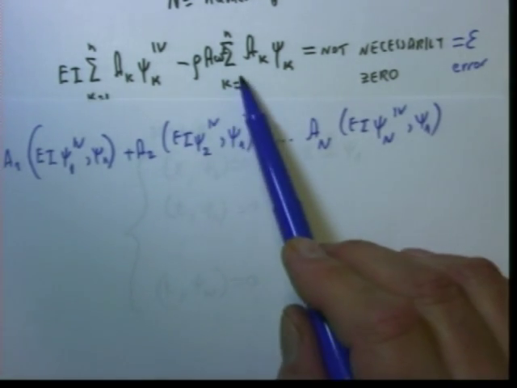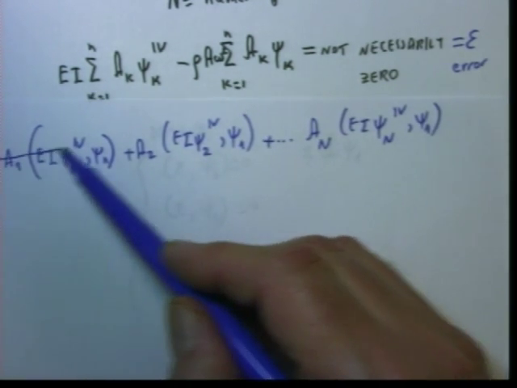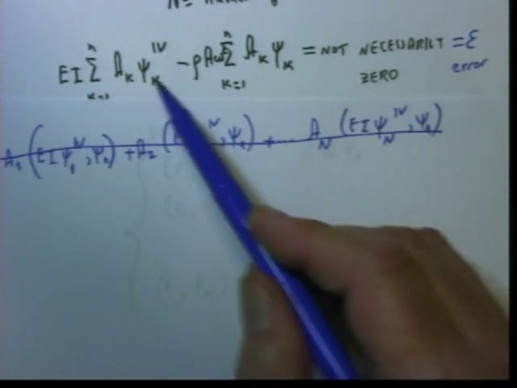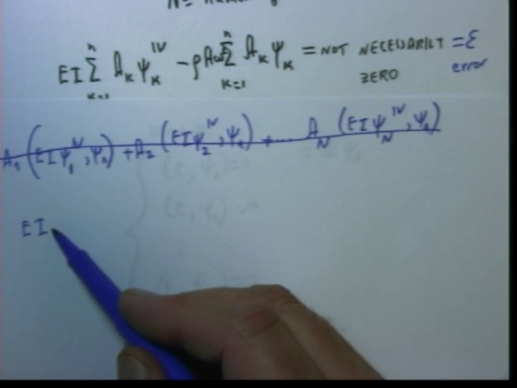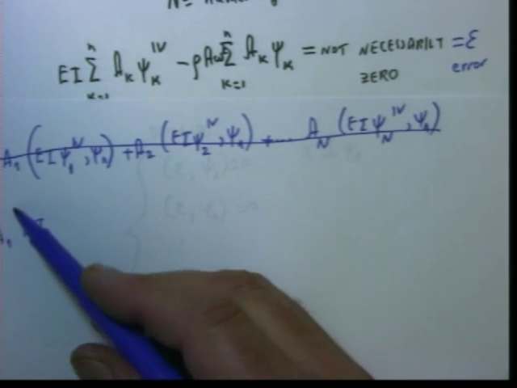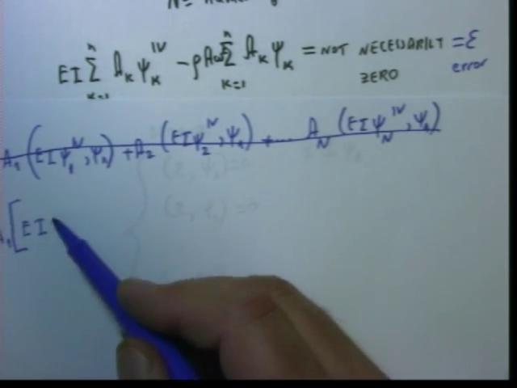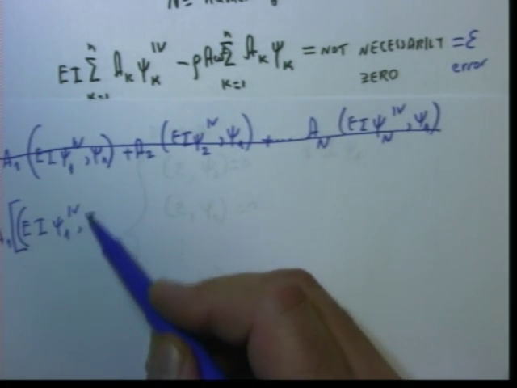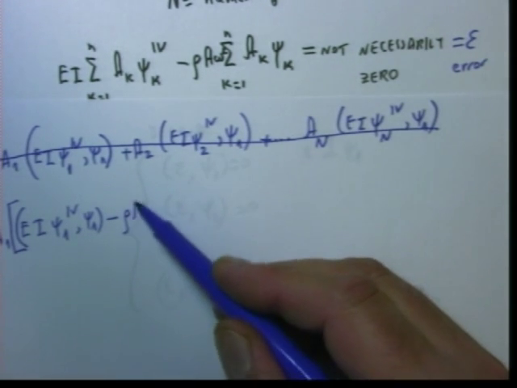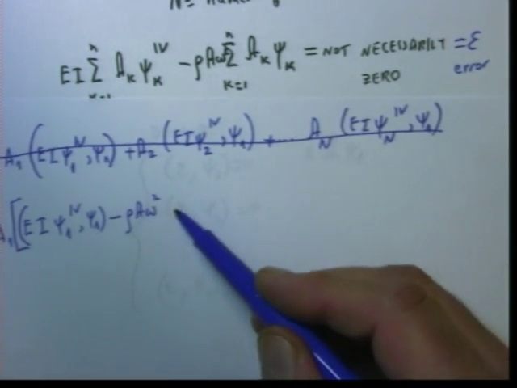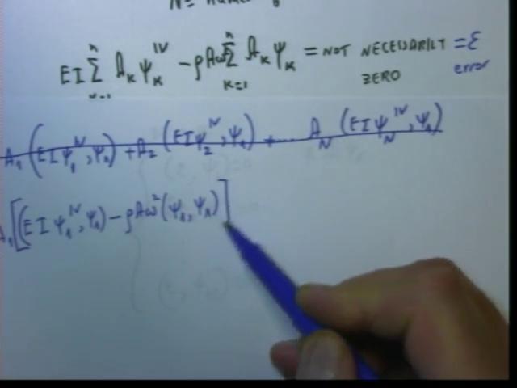But I did not take into account this term, so allow me to get rid of this, and I will rewrite this with this term also taken into account. Look, please. EI, so will be A1, I will take like this. And look, psi 1 fourth derivative psi 1, and I will take also this first term immediately, minus rho A omega square psi 1 psi 1. So that is A1.